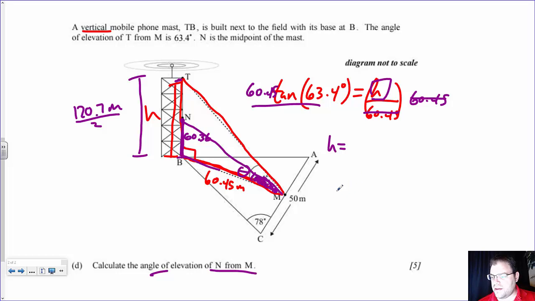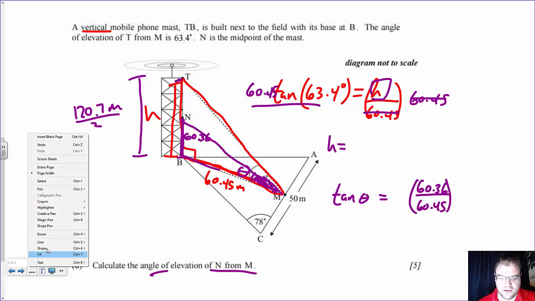So I'm going to say theta is the angle, this angle right here. I'm going to say that the tangent of that angle theta is equal to the opposite over the adjacent side, which is now 60.36 divided by 60.45. Okay? Now, I'm not really interested in the tangent of the angle. I actually just want the angle. Okay, that's what I'm really after.